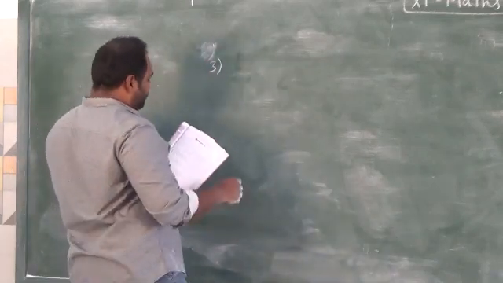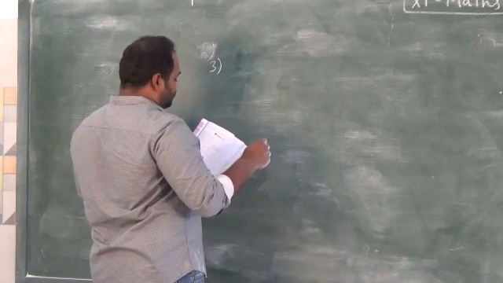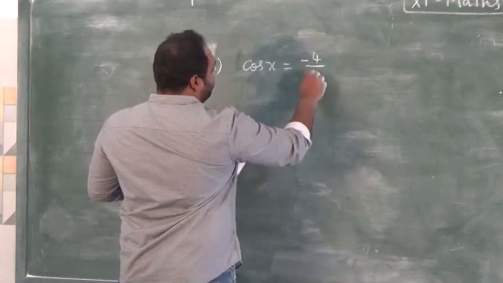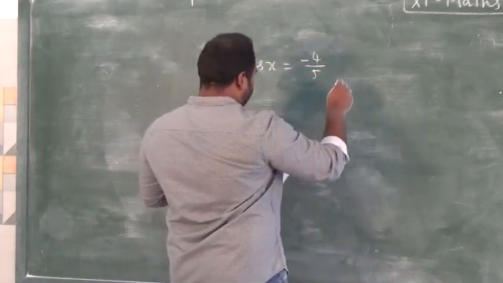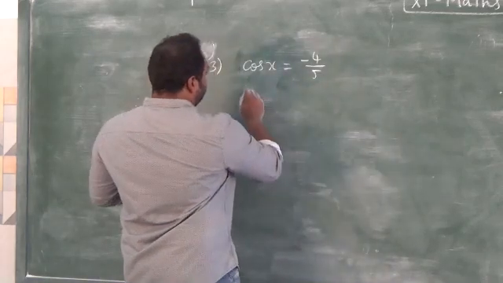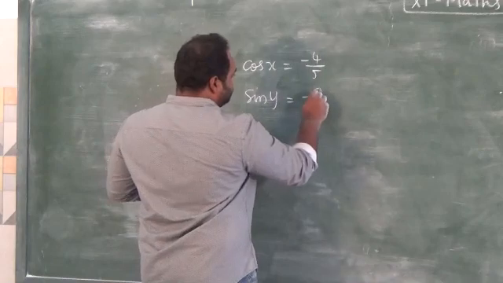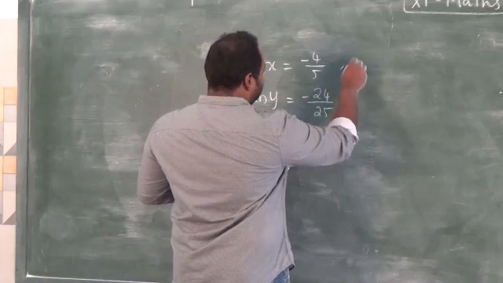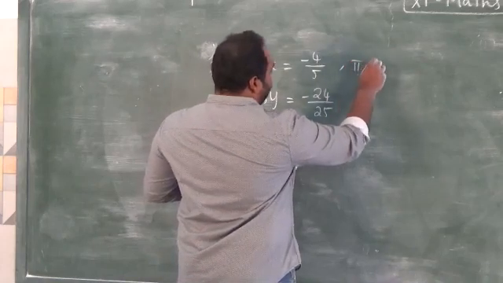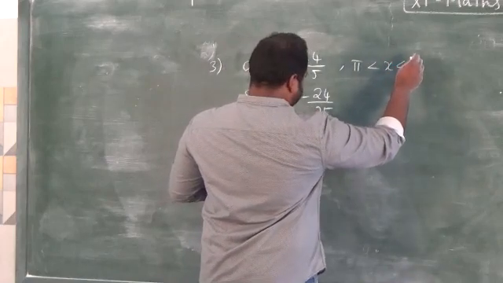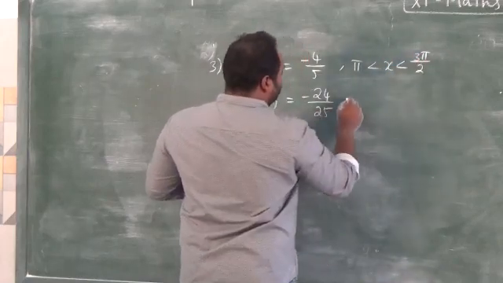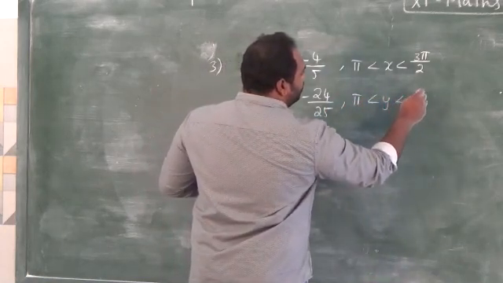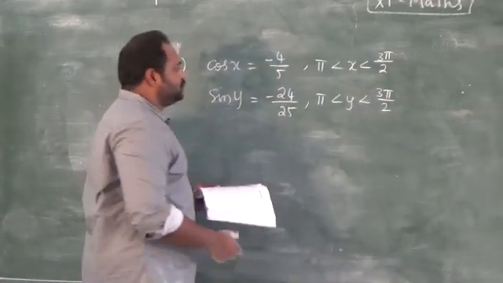Third one: find cos of x minus y, given that cos x is minus 4 by 5 and sin y is minus 24 by 25, where x belongs to pi less than or equal to x less than or equal to 3 pi by 2, and y also belongs to pi less than or equal to y less than or equal to 3 pi by 2.